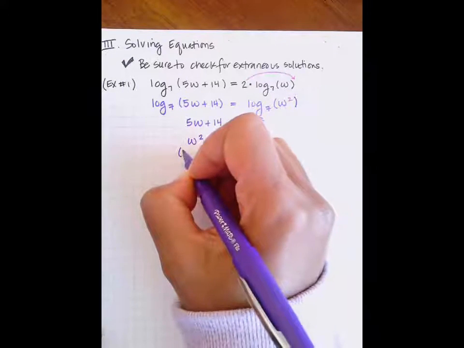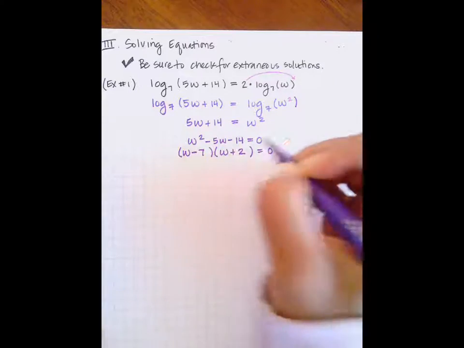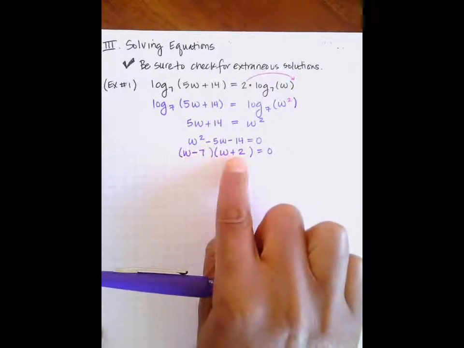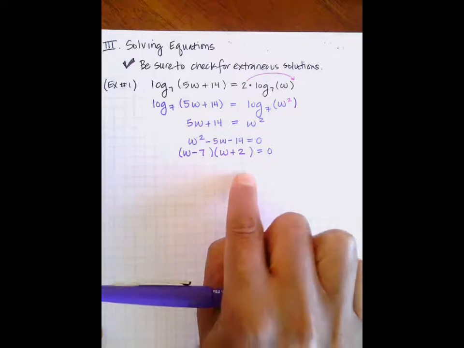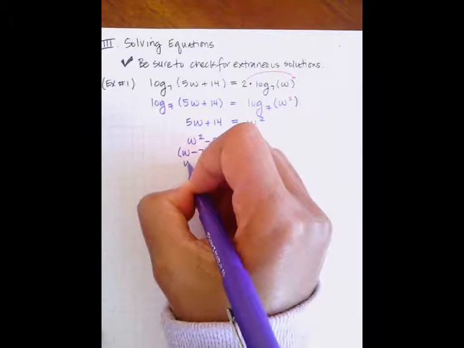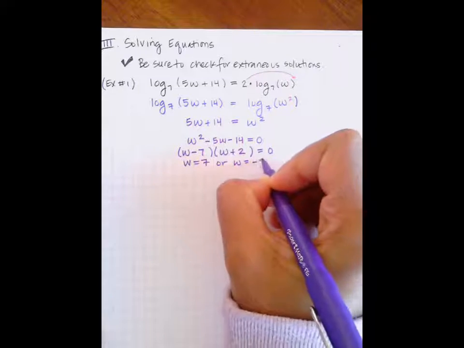So here we've got w minus 7 and w plus 2, because negative 7 and positive 2 add to the middle term and multiply to the constant. Using the zero product property, either w equals 7 or w equals negative 2.